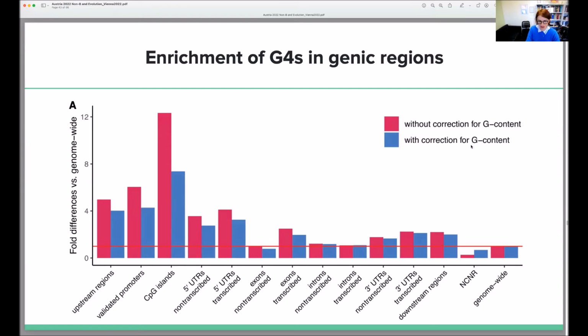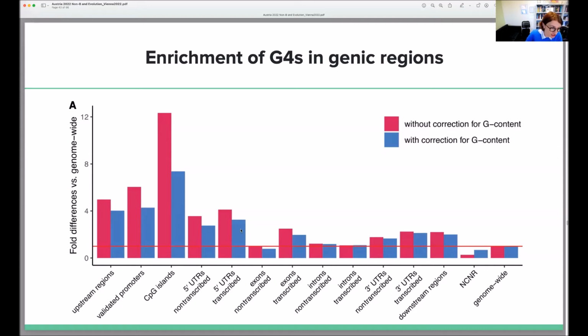Here we correct for G content. Some parts of this figure don't need a statistical test because, for example, in promoters and also in CpG islands, G quadruplexes are present 4 to 7 times more often than is average for genome-wide.